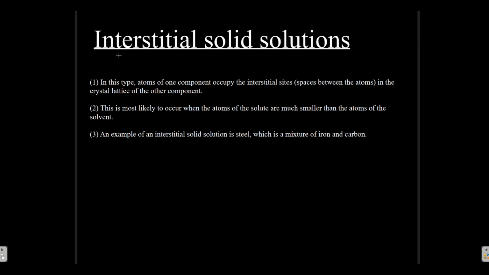Similarly, another one is interstitial solid solution. So interstitial means, look at here. Suppose we take a crystal lattice of some atom or ion. Now these positions are called interstitial positions.